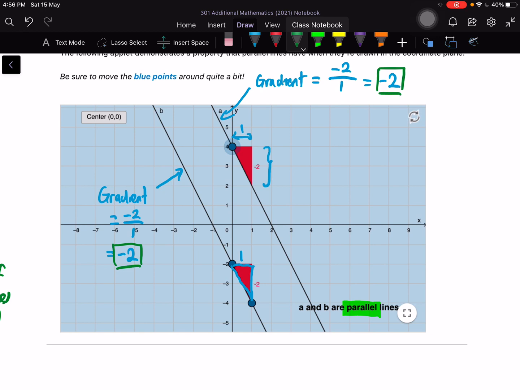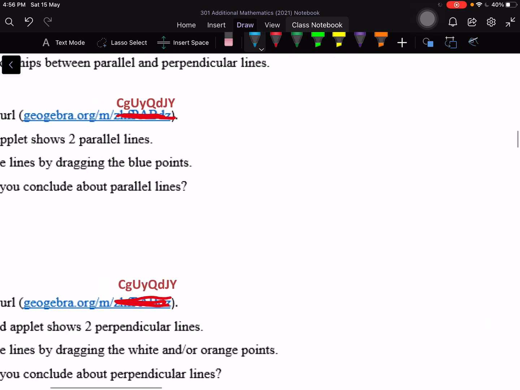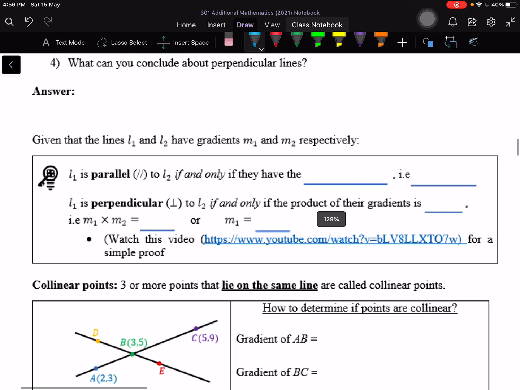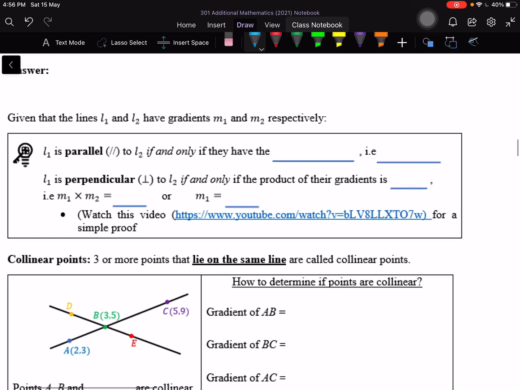Let's take a look at your notes. Given you have two lines L1 and L2, and they have the gradients M1 and M2 respectively. L1 has gradient M1 and L2 has gradient M2.